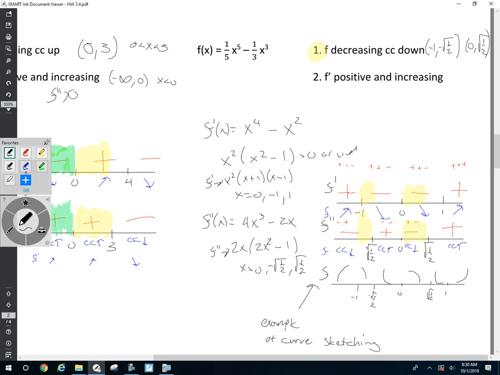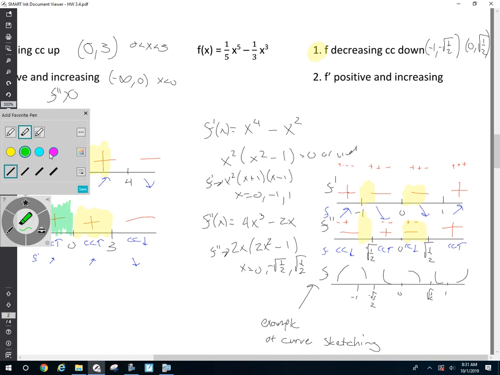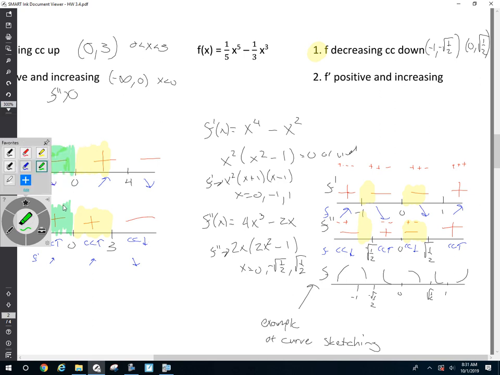F prime positive and increasing. If f prime is increasing, f double prime is positive. So I want f prime positive and f double prime positive.